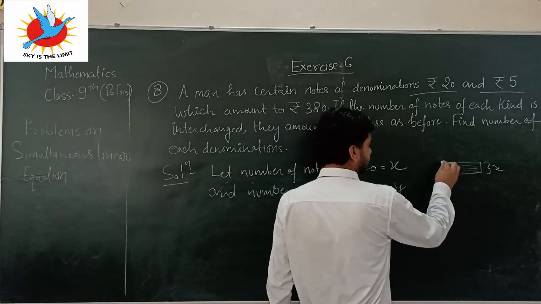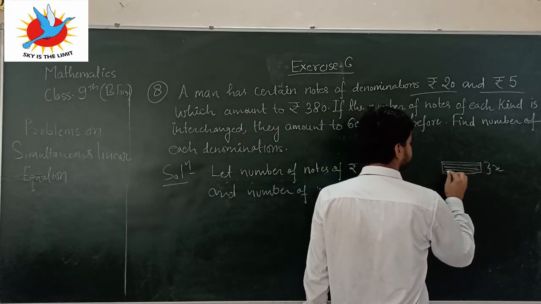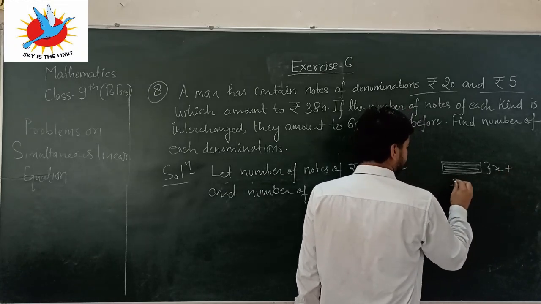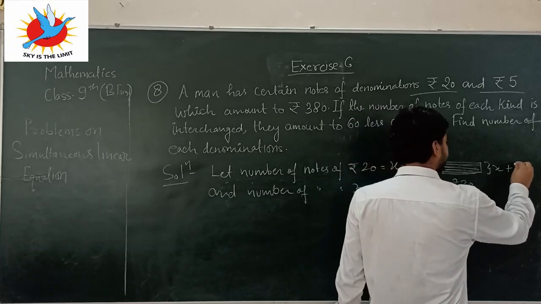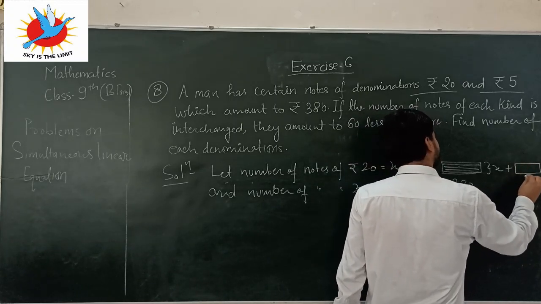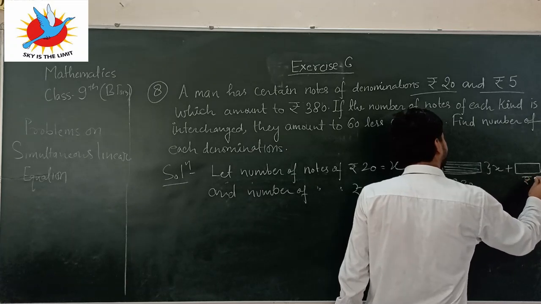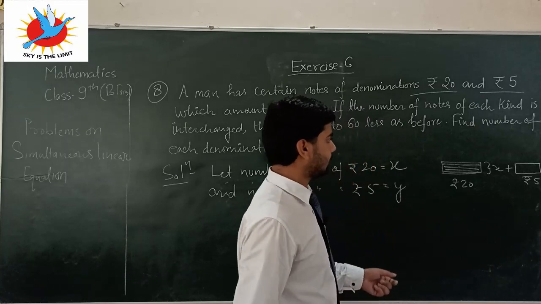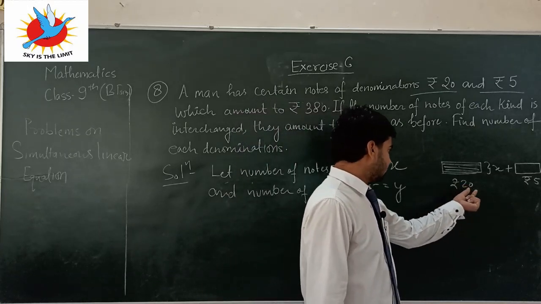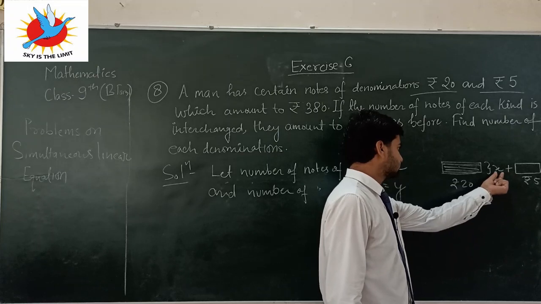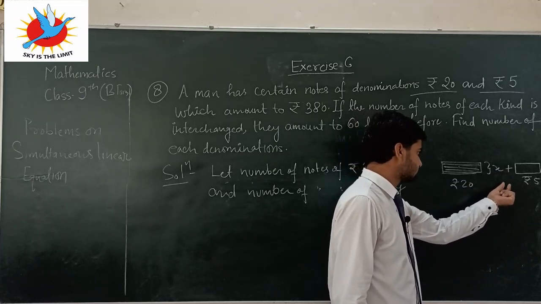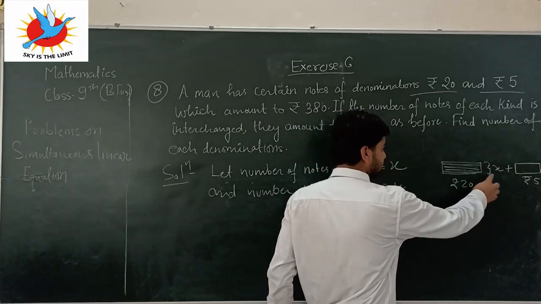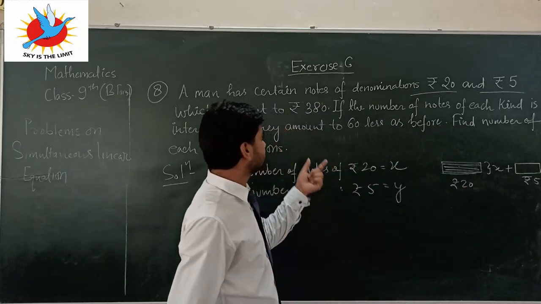Assume this is a pack of rupee 20 notes, each note of rupee 20, and this pack contains x notes. Another pack has rupee 5 notes, and this pack contains y notes. The total amount will be 20 into x plus 5 into y, and that amount is 380.